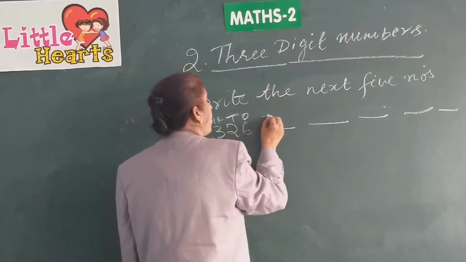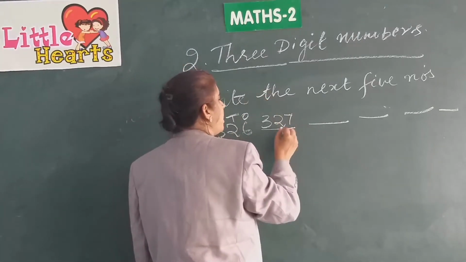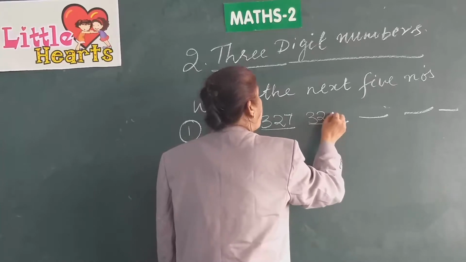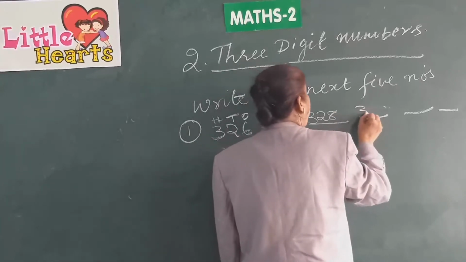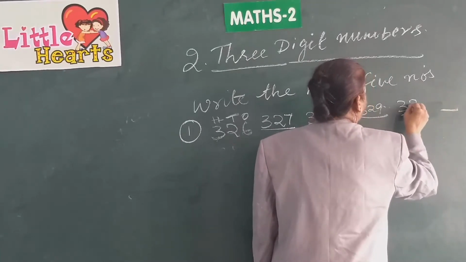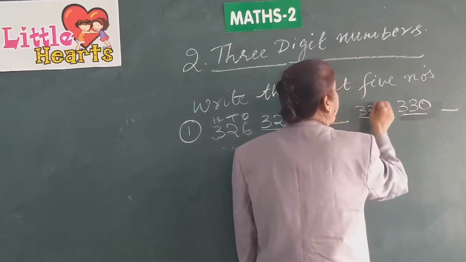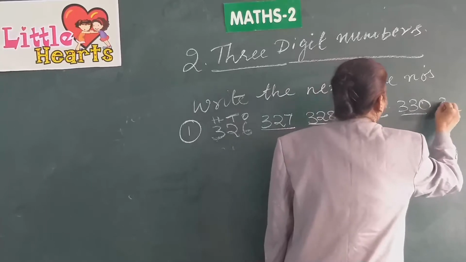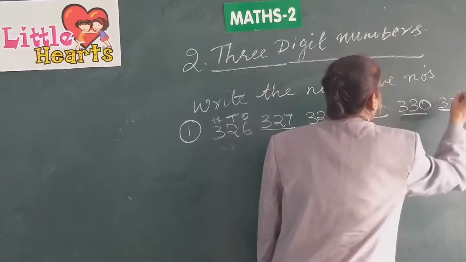The next number will be 327, 328, 329, 330. After 29, the next number is 30, 331.